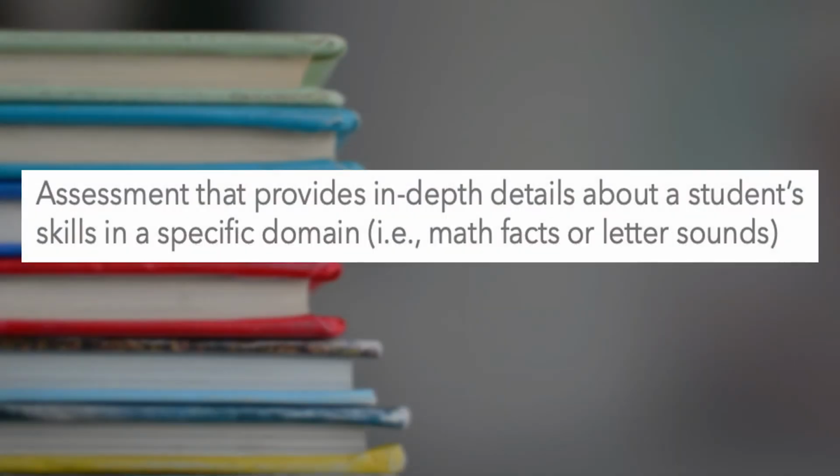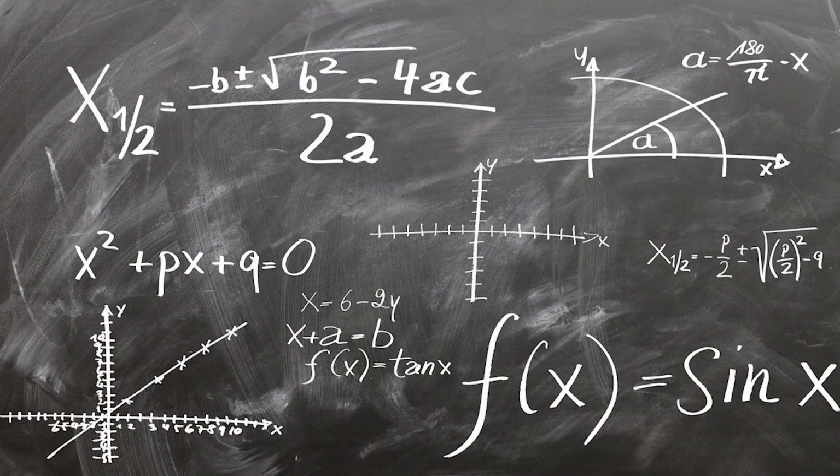This test provides in-depth details about student skills in a specific domain: mathematics, letter sounds, phonetics, whatever is of your concern. It means you make a detailed testing of the student in the concerned area where the student has difficulty. And that provides you a very good report, a profile of the student's problem, where exactly the problem is.